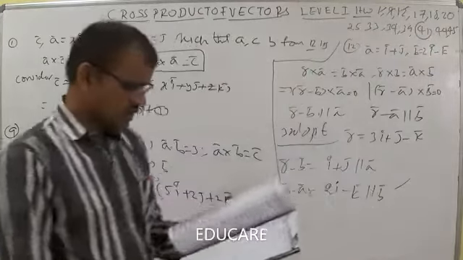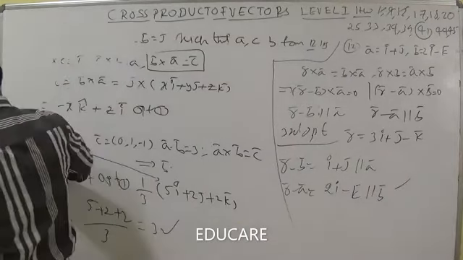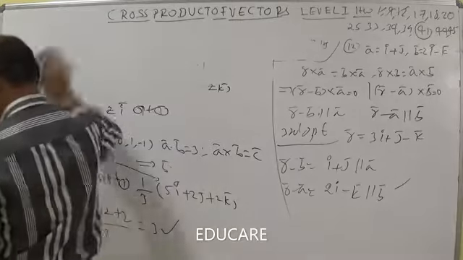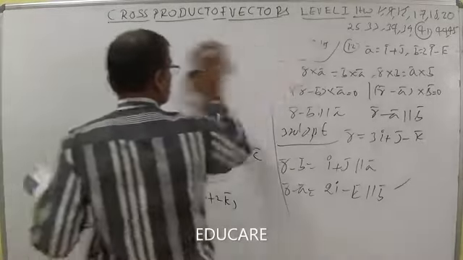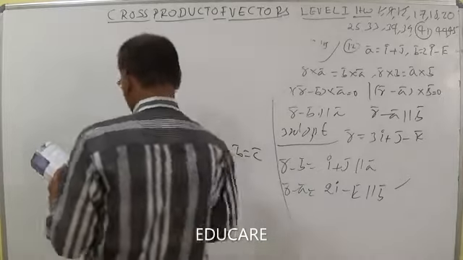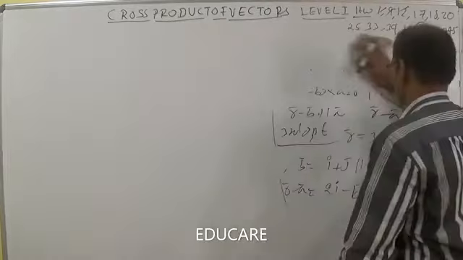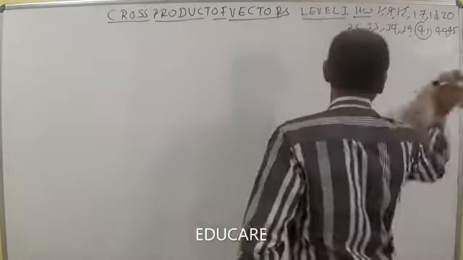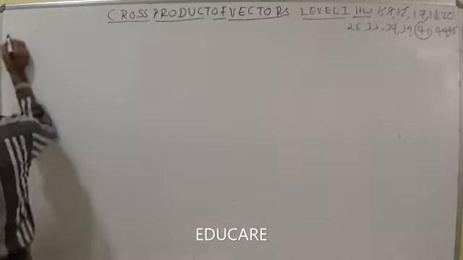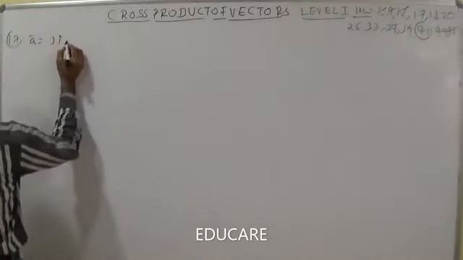12th completed. Let us discuss the 17th question, which is in AIEEE 2002. A, B are given two vectors. A bar is equal to 3I minus 5j and B bar is equal to 6I plus 3j, and C bar is a vector such that C bar is equal to A bar cross B bar. It is an easy question.